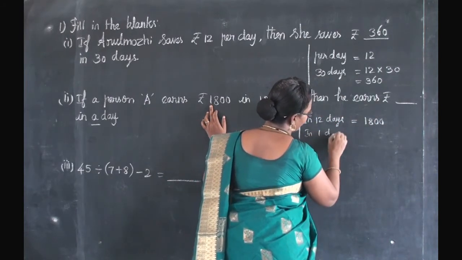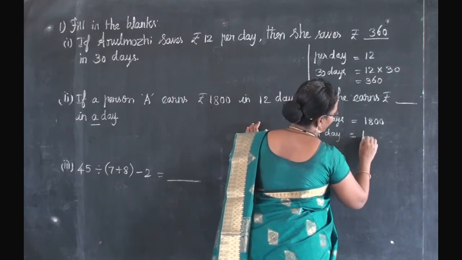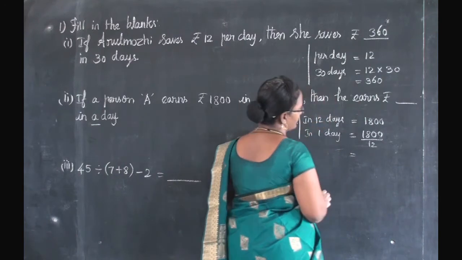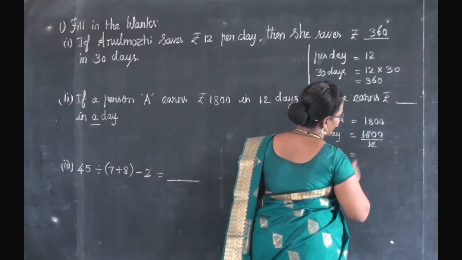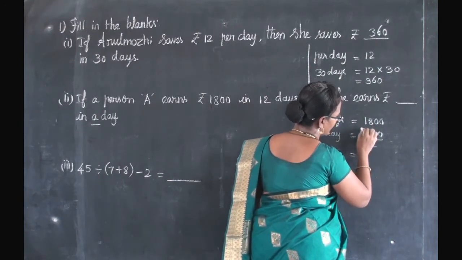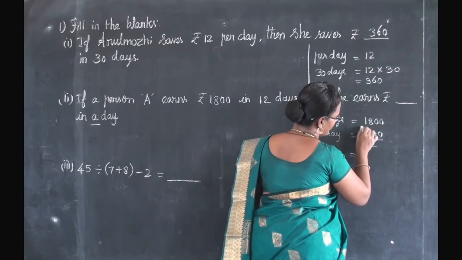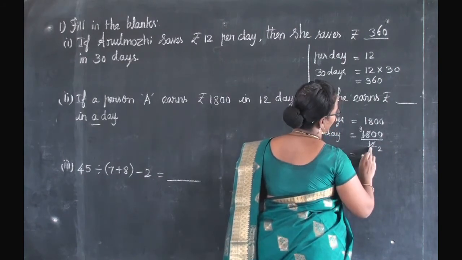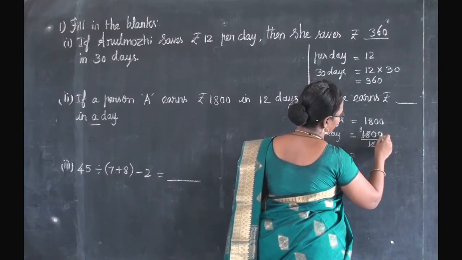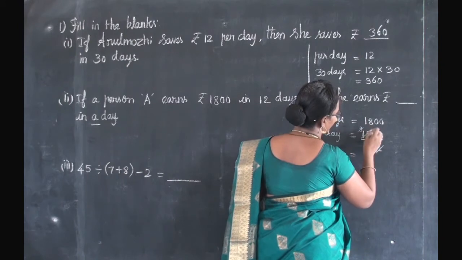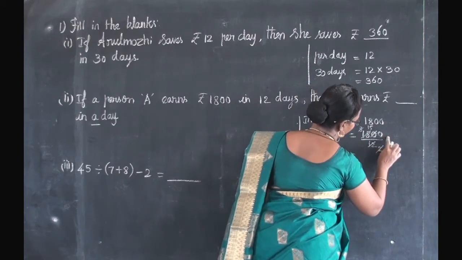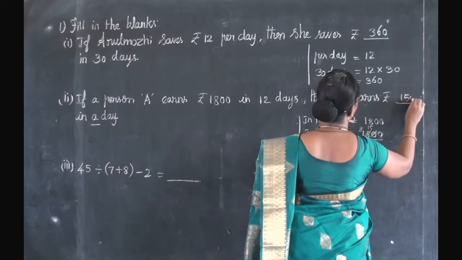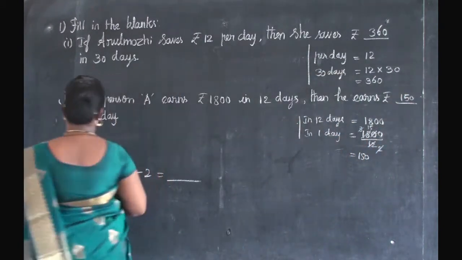So in 1 day means divided by 12, we get the answer. First, cancel by the 6th table. 6 3s are 18. 6 2s are 12 and 30, 15. So 150 is the answer. Rupees 150 in a day.